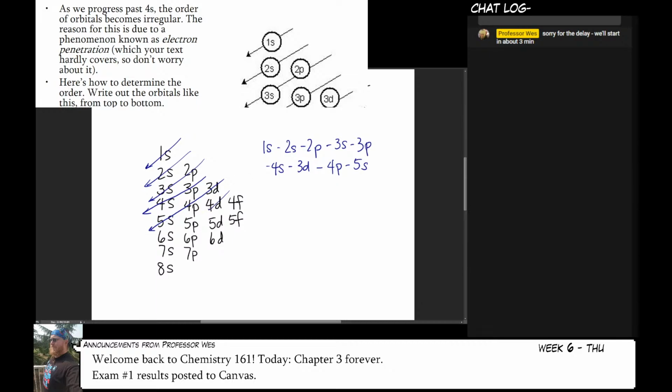Well, it's 4d, 5p, 6s, 4f, and then so on and so forth until you fill your diagram.